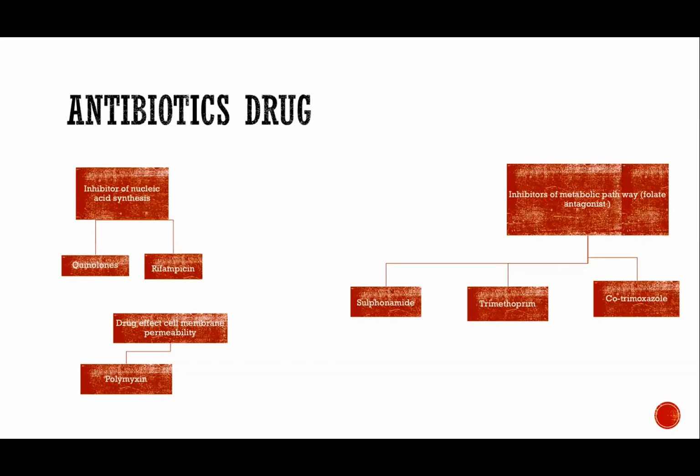Inhibitors of nucleic acid synthesis: fluoroquinolone, rifampicin. Inhibitors of the metabolic pathway, folate antagonists, such as sulfonamide, trimethoprim, cotrimoxazole.